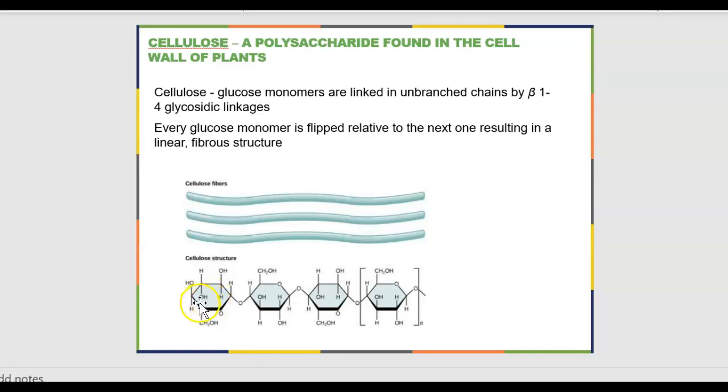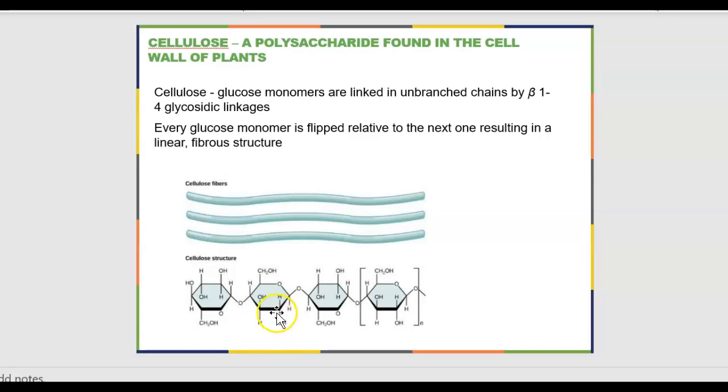If you look at it, it's really hard to tell, but every other one is flipped upside down. One good marker of it is to see how this CH2OH is down here on the first one, and then up here on the second, and then down here on the third. So each of these units is flipped every other one, which causes this 1 to 4. That's called a beta glycosidic linkage.